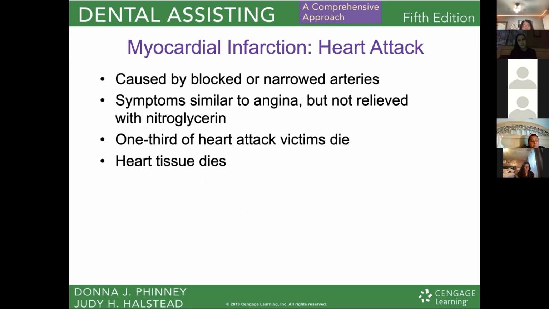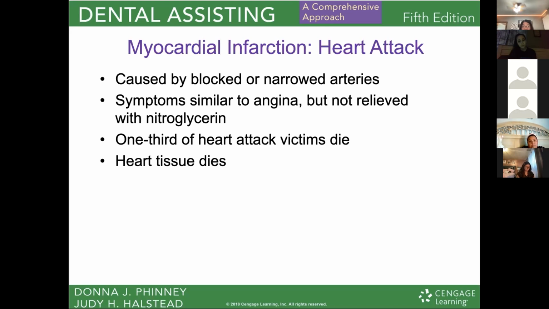So about 1/3 of heart attack victims die, unfortunately. So once again, the myocardial infarction, heart tissue dies. So this is a condition that causes sudden death of the heart tissue due to a blockage of the heart vessels. And it may be preceded by angina. So it may start with angina, but also may occur in people with no prior symptoms.